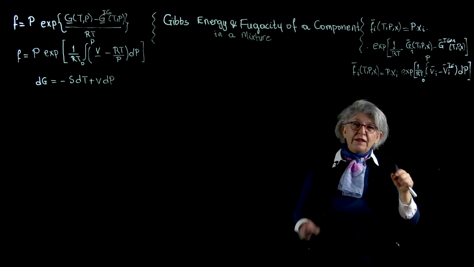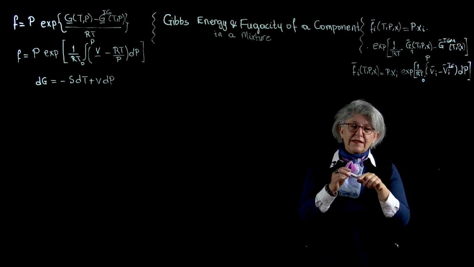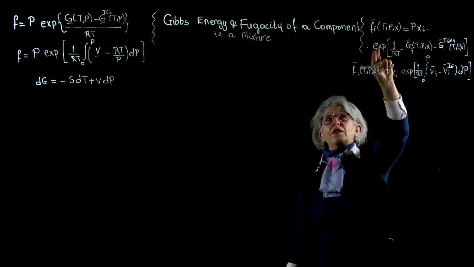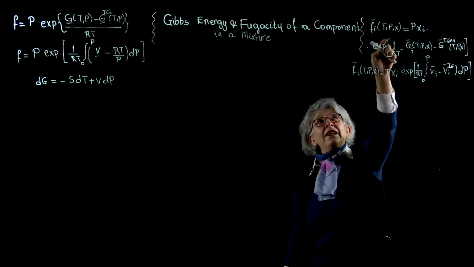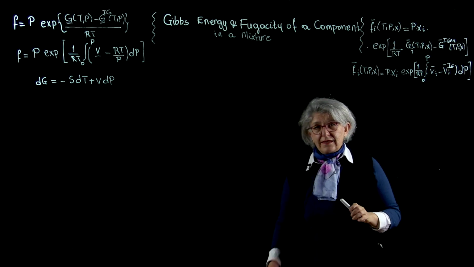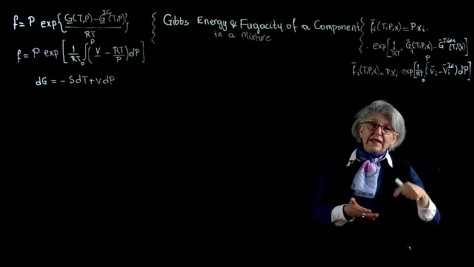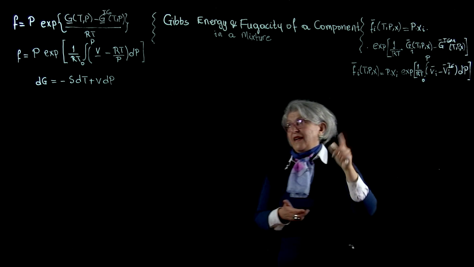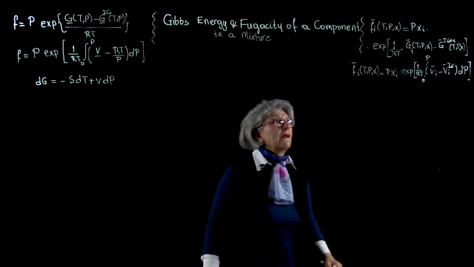All right? We have defined overbars as the identifiers of the partial molar properties. For the fugacity, it is not the partial molar definition. For the fugacity, the overbar indicates that it is the fugacity of that component in a mixture, because we can have the fugacity of that component that is not in a mixture, as a pure species, right?